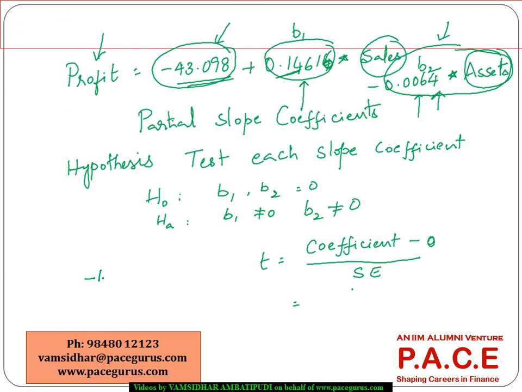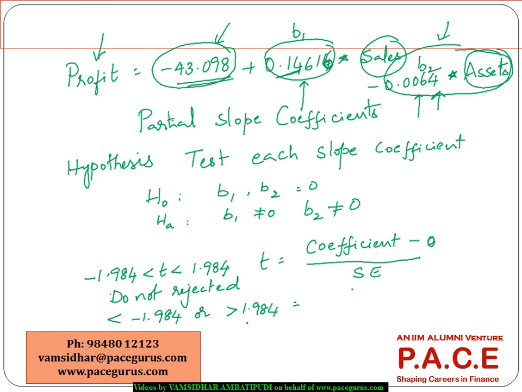So as long as my computed t value lies between minus 1.984 and plus 1.984, I do not reject the null hypothesis. And what is the null hypothesis for us? That the variable is equal to 0. Whereas if I find my calculated value less than minus 1.984 or greater than 1.984, I can reject the null hypothesis and go with the alternate hypothesis.